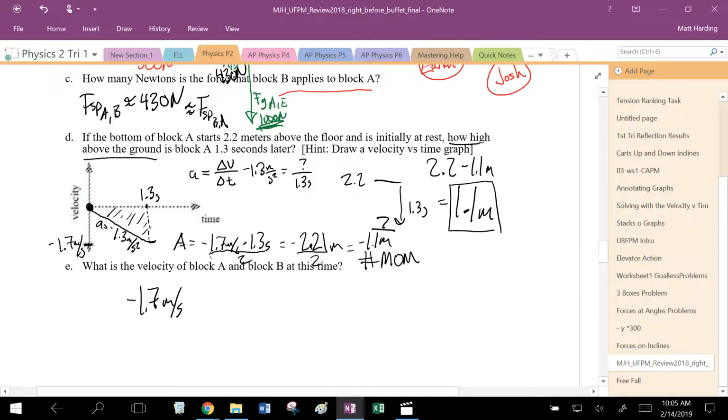So my answer for how high is it off the ground is 1.1 meters, because what I calculated was the change. The change is negative 1.1. That's not what it's asking for. So if you put negative 1.1 here, that would be wrong. 2.2 minus 1.1 meters, that's how high it is off the ground. It's not how fast is it going, what is the velocity? That's why it requires a negative sign. The blocks are probably connected. All right, so that's what's up with that one.